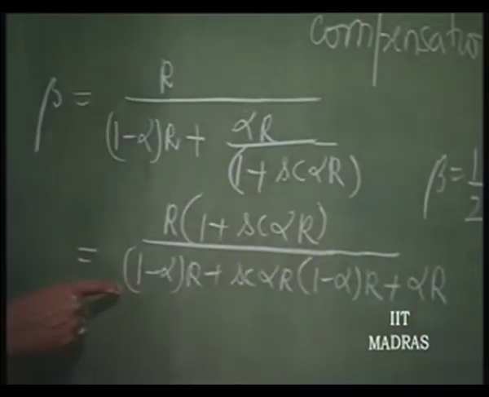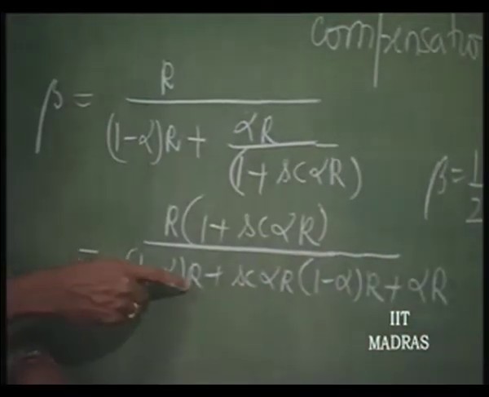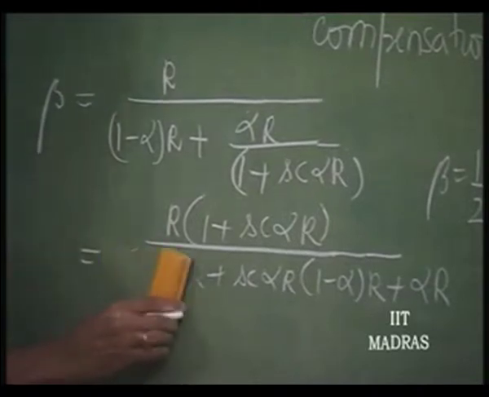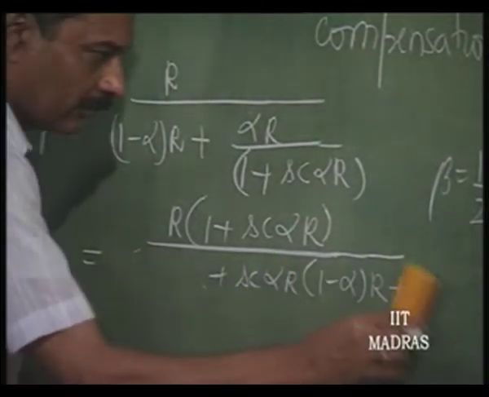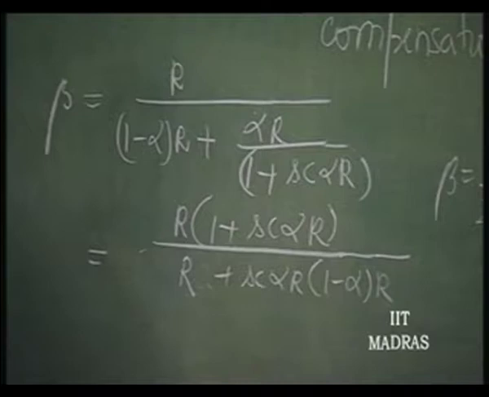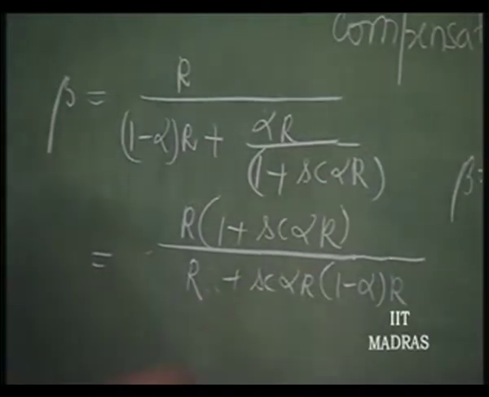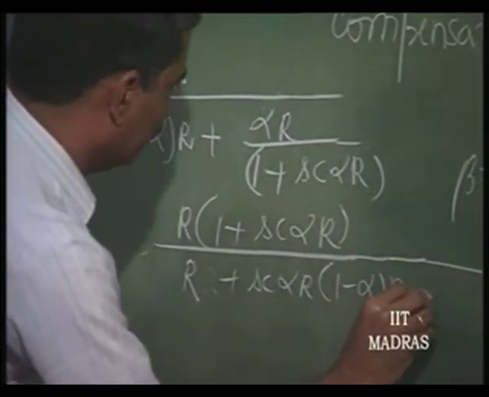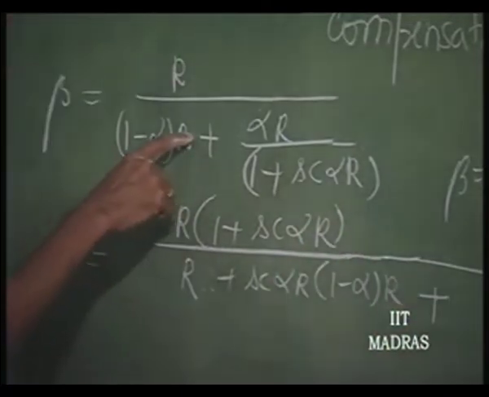So, this alpha r plus 1 minus alpha r give you r.